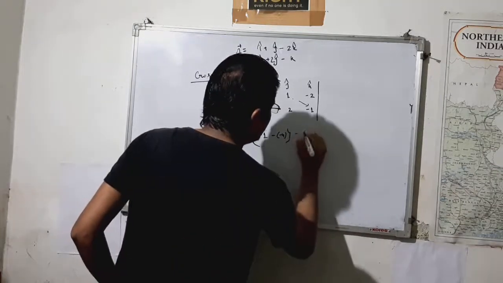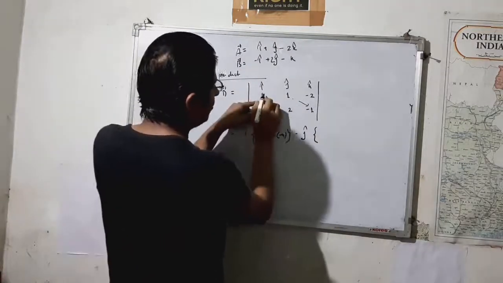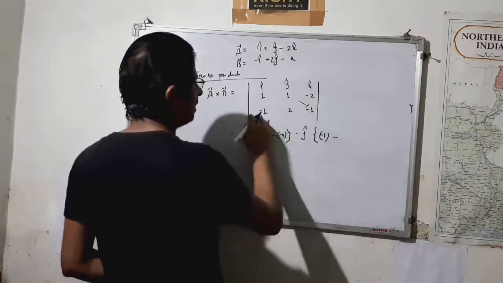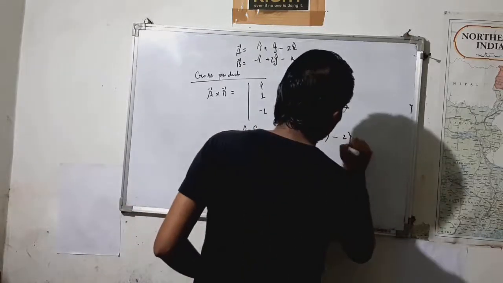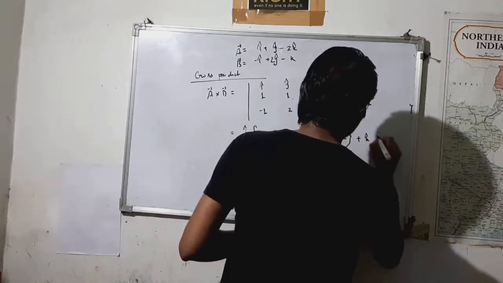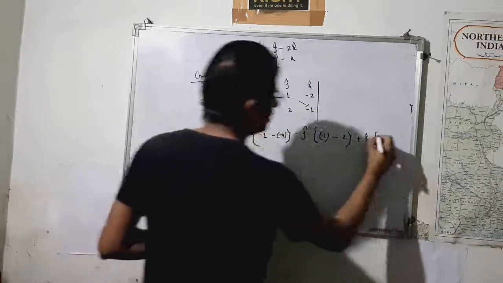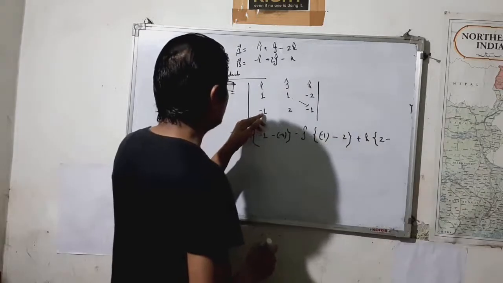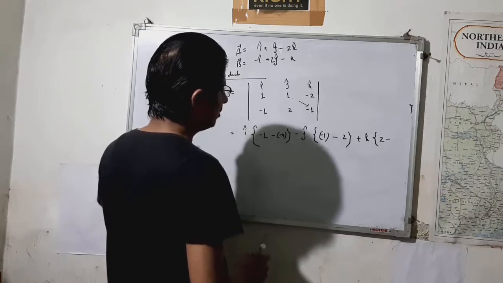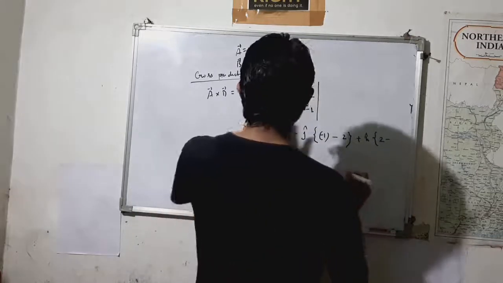Again we put the negative sign and write j cap. And here again 1 into minus 1, that is minus 1, minus 1 into minus 2, that is plus 2, right? Plus k cap. Here for k cap we have to ignore this row: 1 into 2, that is plus 2, minus minus 1 into 1, that is plus 1.